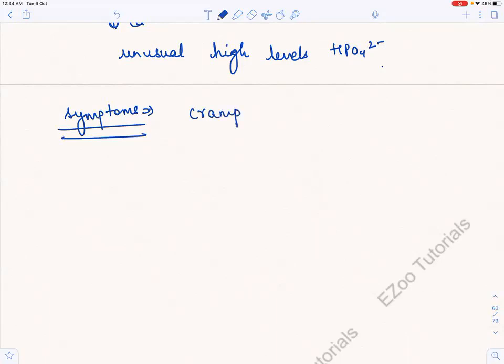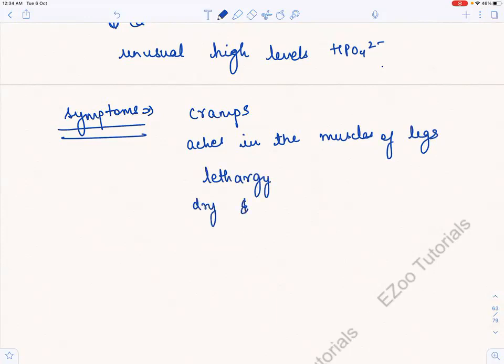Cramps, right? Aches in the muscles of legs, or lethargy, and dry and uneven skin, and what else? Patchy hair loss, right?